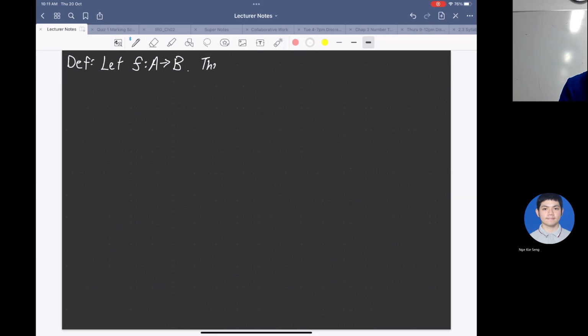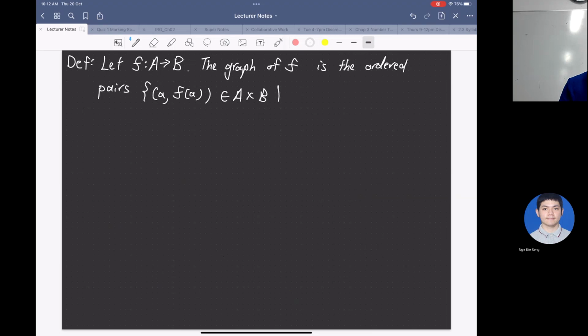So the graph of f is the set of ordered pairs (a, f(a)) in A times B, the Cartesian product of A and B, such that a is in A.